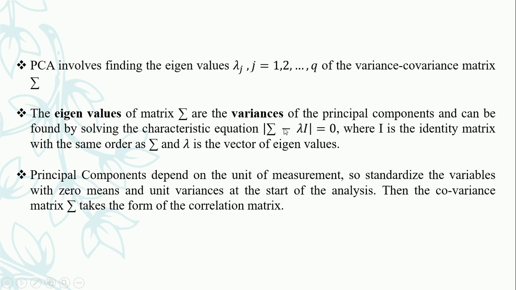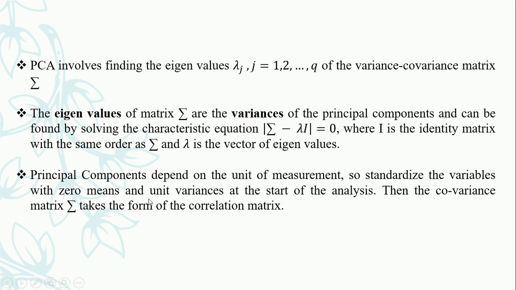This is the characteristic equation. Next, PCs depend on the unit of measurement, so standardize the variables with zero means and unit variance. It means when we have a larger number of variables which are measured in different units, we have to standardize these variables and then start the analysis.